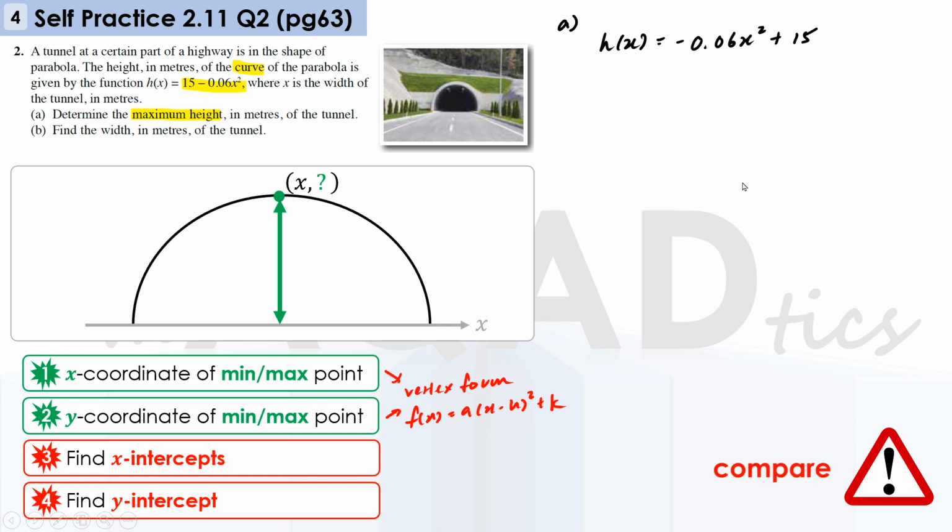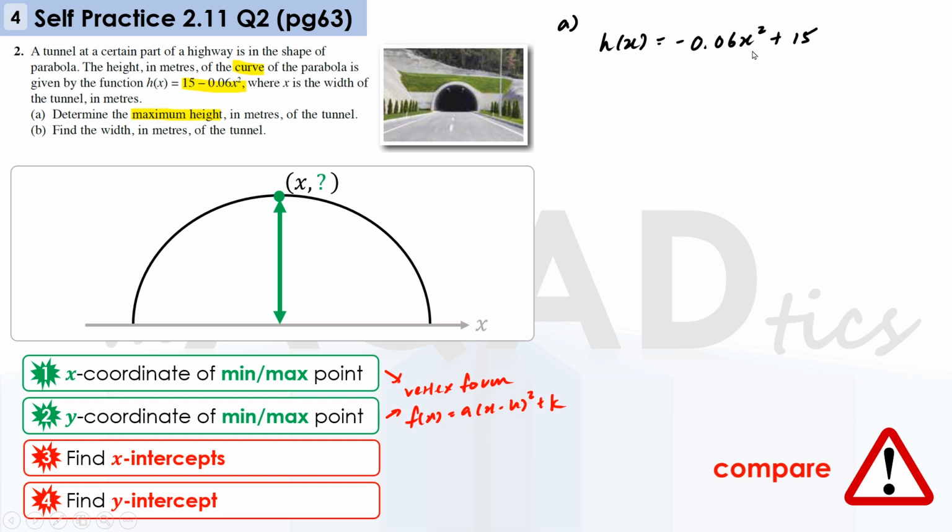If you compare, it's actually quite similar, because here we have plus 15, which is actually plus k, and this negative 0.06 is actually a. It's just that the thing inside the square here is x only, but in the vertex form we have x minus h. So let's adjust it so it becomes the vertex form.